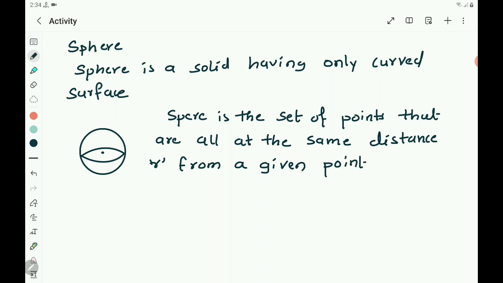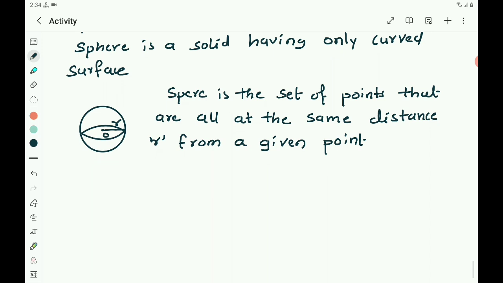That fixed point is called the center, and that fixed distance is called the radius. Then sphere is having no faces, no edges, and no vertices.